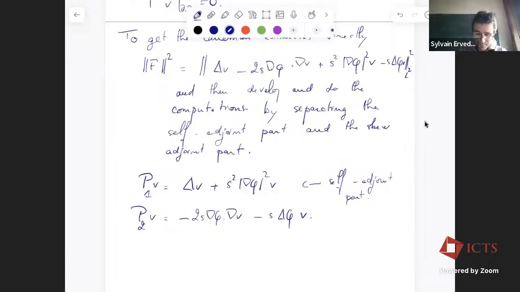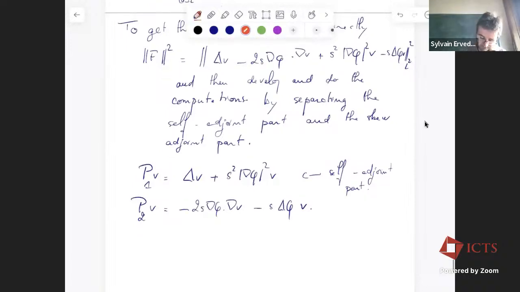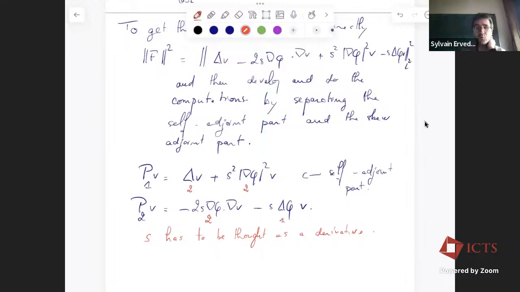And in fact, in this, you see S has to be thought of as a derivative. Like this one is of order 2, this one is of order 2, this one is of order 2, but this one is of order 1. So on the one of order 1, we can do whatever we want, right?